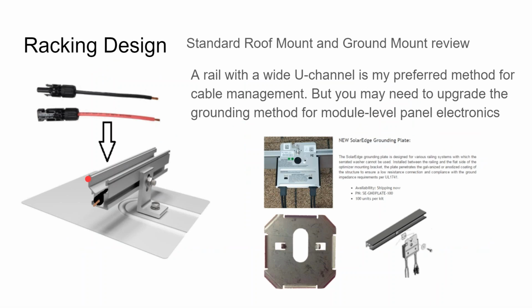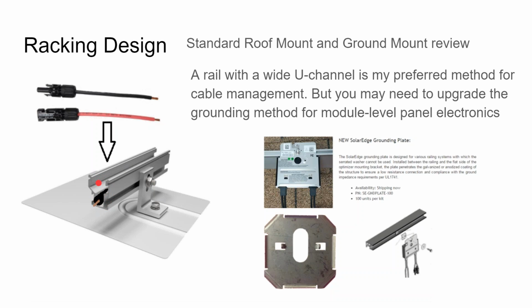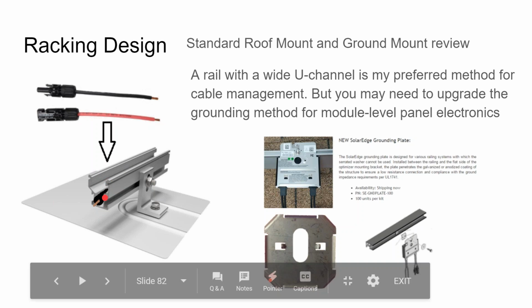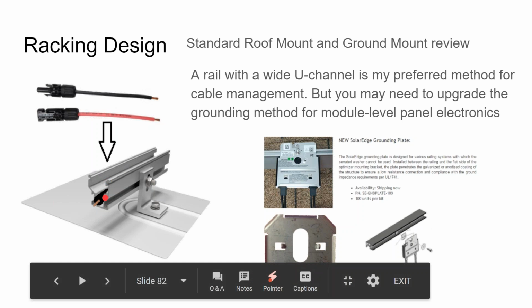I like using rail that has a little bit wider of a channel, where you're using a lock nut that goes into here rather than a bolt. The reason is I like using the wide channel rail for cable management. It keeps my cable up on my roof secured and protected, and it doesn't droop down onto the roof.